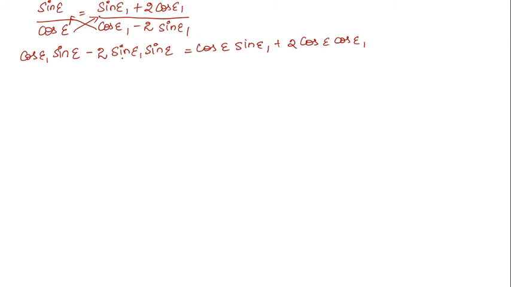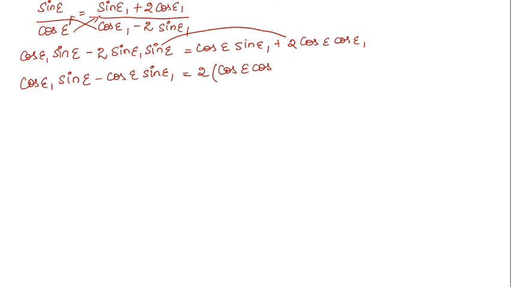Okay, so when you compare these two terms together, and you can combine the remaining terms together, it will be cos epsilon 1 sine epsilon minus cos epsilon sine epsilon 1, which is equal to 2. So 2 is common, you can take that outside, and when this negative sine epsilon 1 sine epsilon goes to that side, that will be positive. So it will be 2 into cos epsilon 1 plus sine epsilon 1.